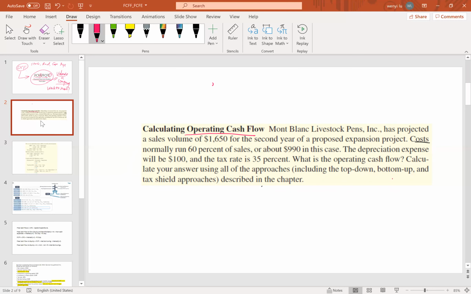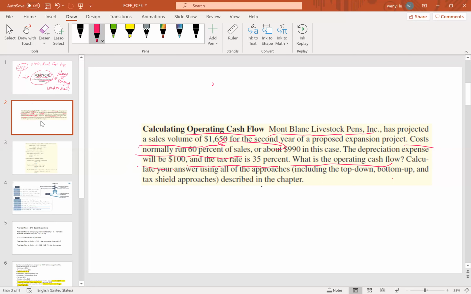Projected sales for the second year are $1,650, and the cost will normally run 60% of the sales, or about $990 in this case. The depreciation expense will be $100, and the tax rate is 35%. What is the operating cash flow?